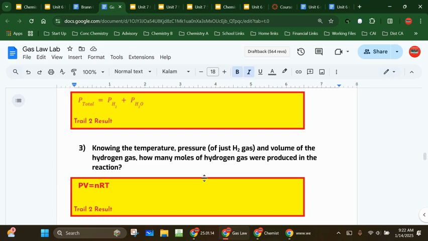Okay, so in this PV equals nRT, this pressure that we got right here goes in here. The volume is the volume of the gas that you collected, but we need to put it into what unit? Liters. Please remember, 1,000 milliliters equals 1 liter.